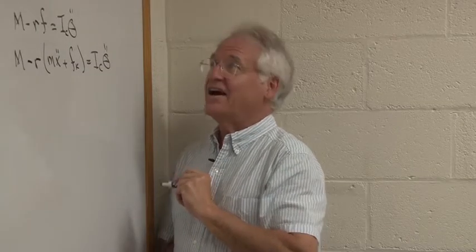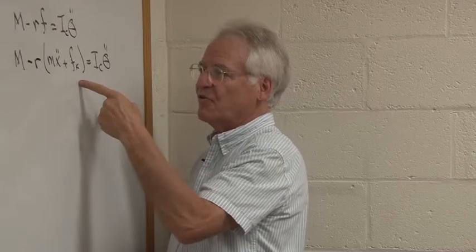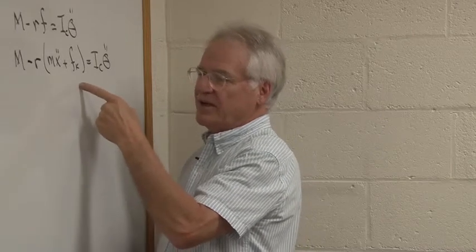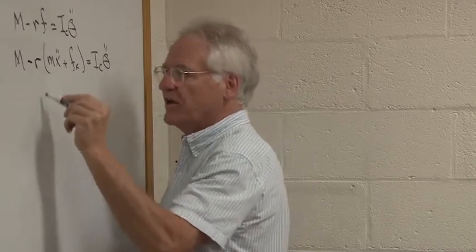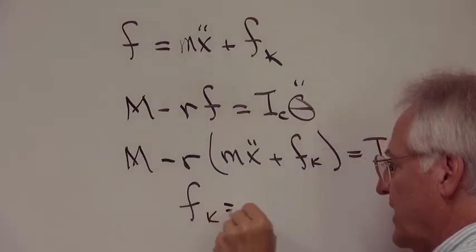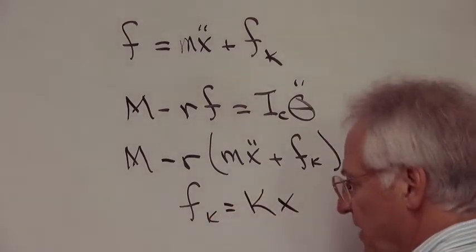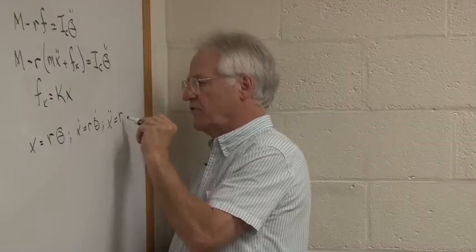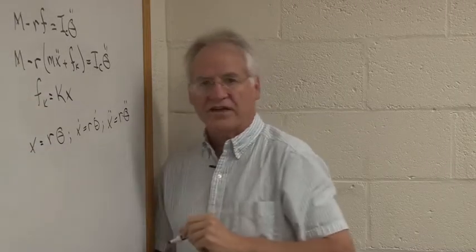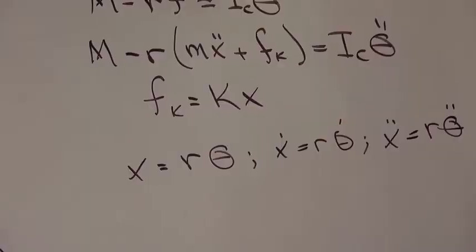so now let us make a substitution for F sub k. Let's make two substitutions. One, we know that F sub k is equal to k times x, and the other is our kinematic constraint. This kinematic constraint survives differentiation.